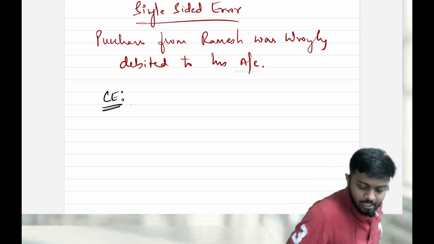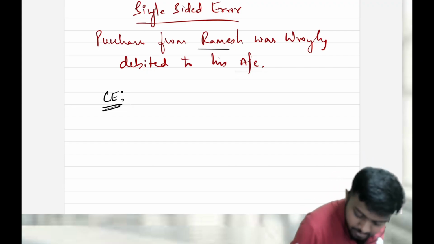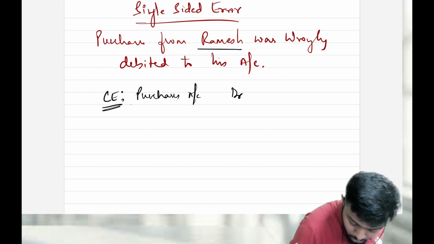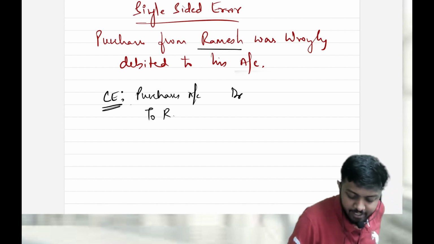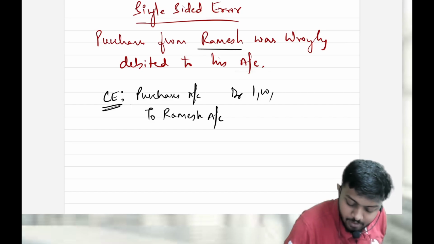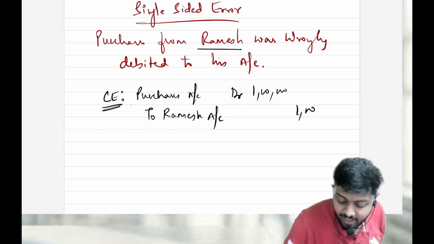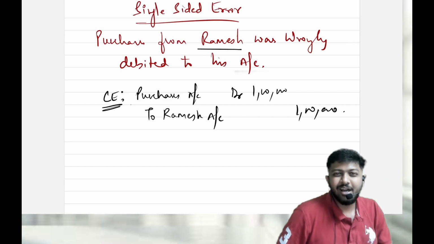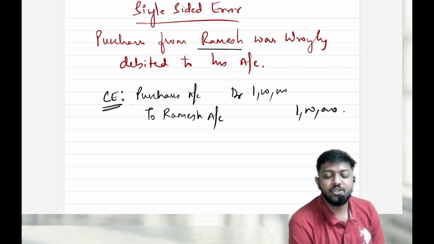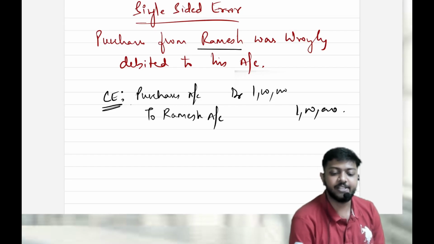So the correct entry: Purchases is an expense, increasing, debit. To Ramesh, a creditor, increasing, credit. How much, sir? Maybe 1 lakh. So purchase account debit to Ramesh, 1 lakh. Okay, done. Next.